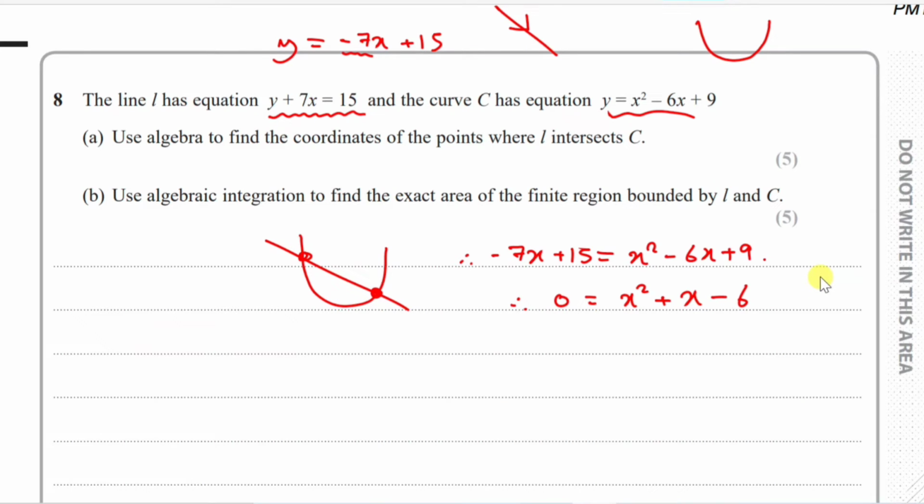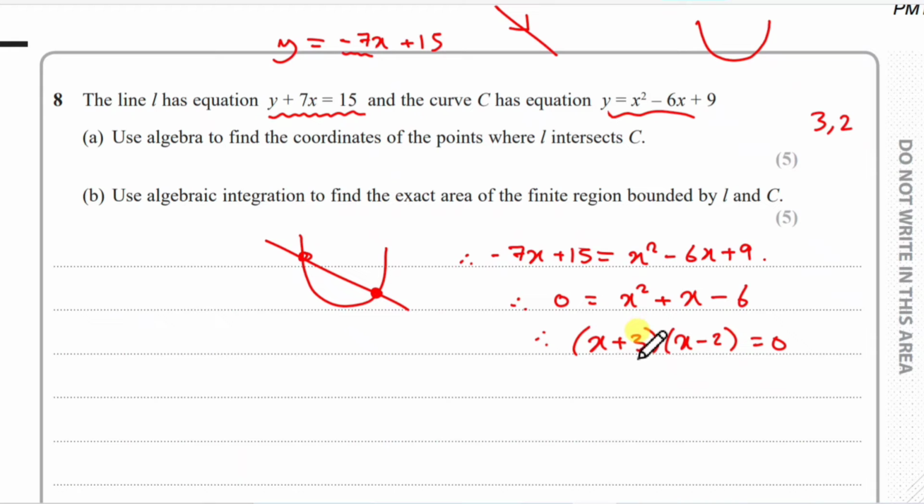Okay, so I think this is actually factorizable. Let's have a look. So you need two numbers to multiply to make 6. That's 3 and 2. And they have a difference of 1. Yes. So factorizing this quadratic, you should get, I believe, x plus 3 and x minus 2 equal to 0. And we know this is true because you need to make a positive 1x.